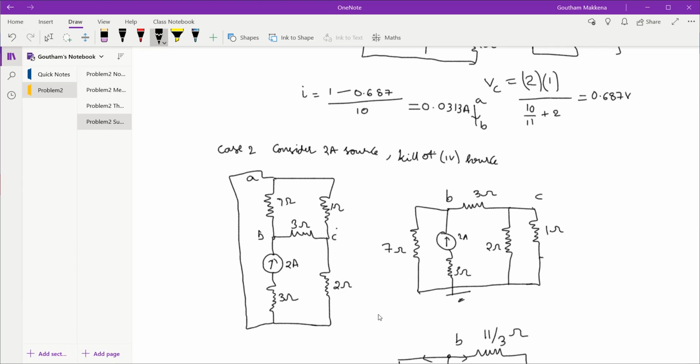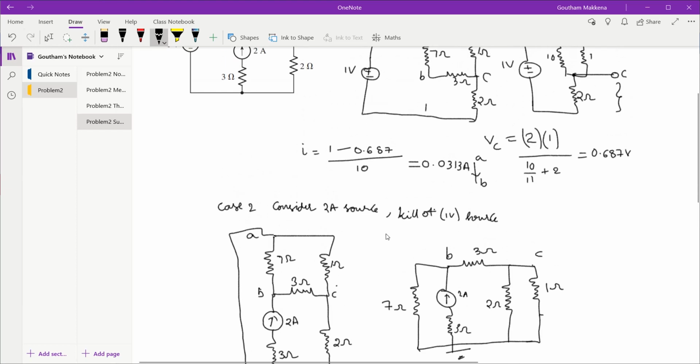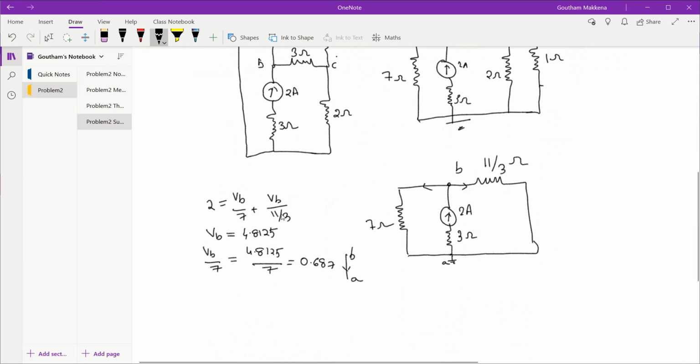Now in order to get the final answer, I have to sum up these two answers, that is, sum up the current through the 7 ohm resistor from case 1 with the value that I obtained from case 2.